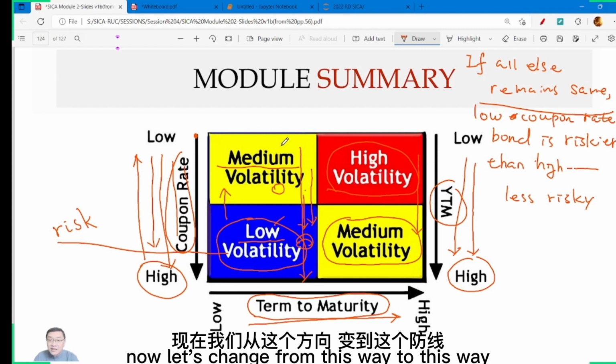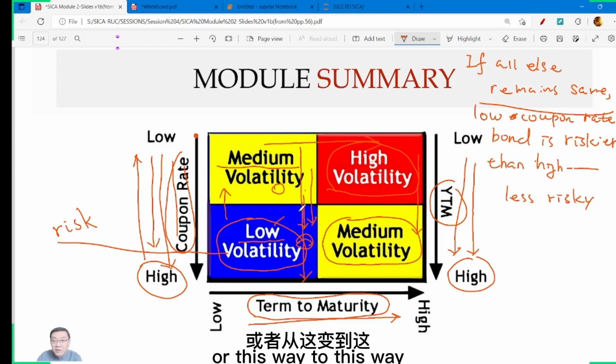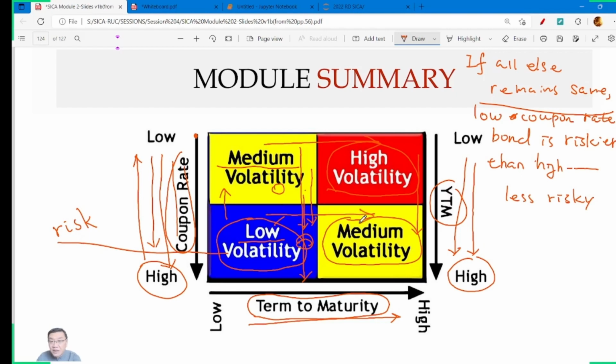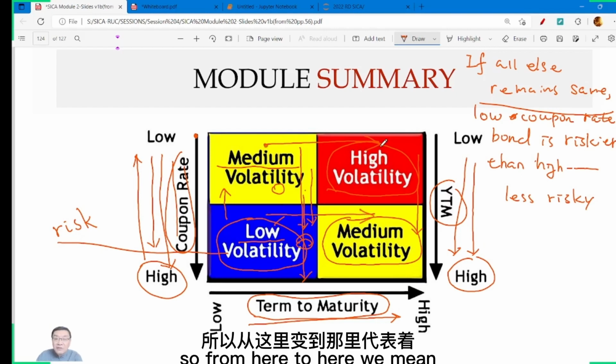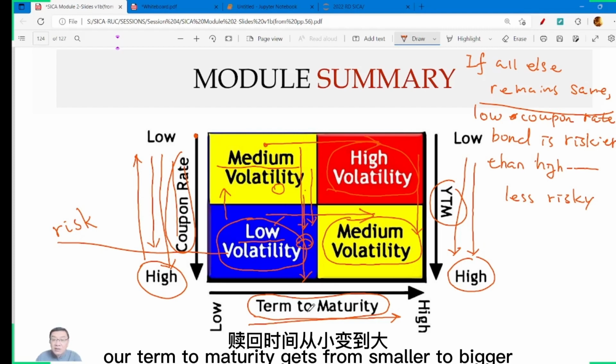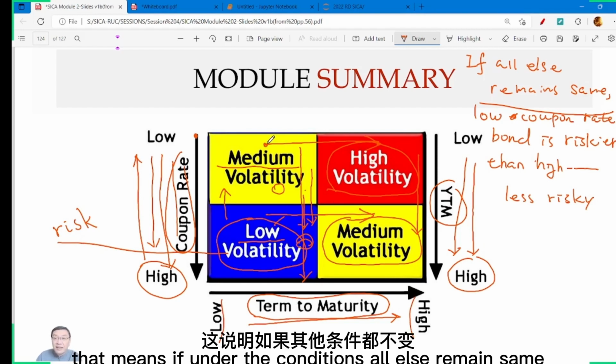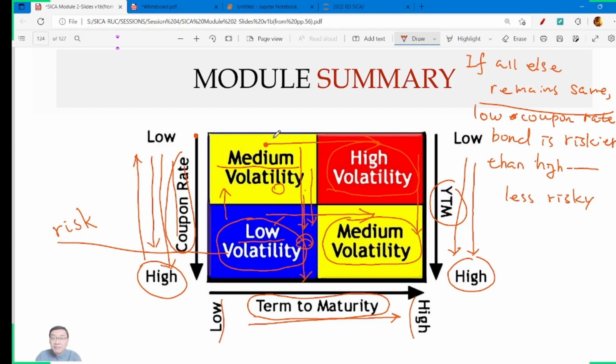Now, let's change from this way to this way. From here to here, our term to maturity goes from smaller to bigger. That means, under the condition that all else remains the same, longer maturity bonds are riskier than shorter maturity bonds.